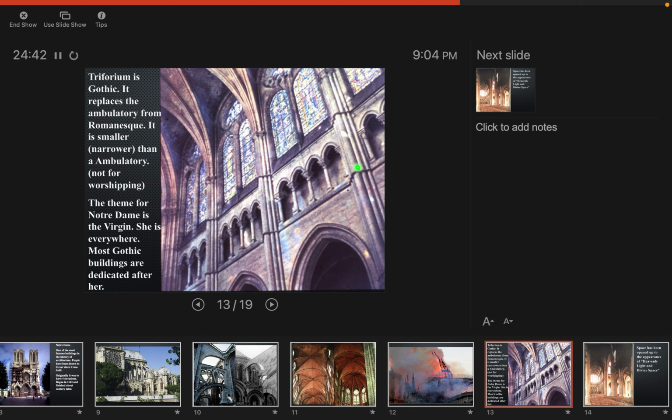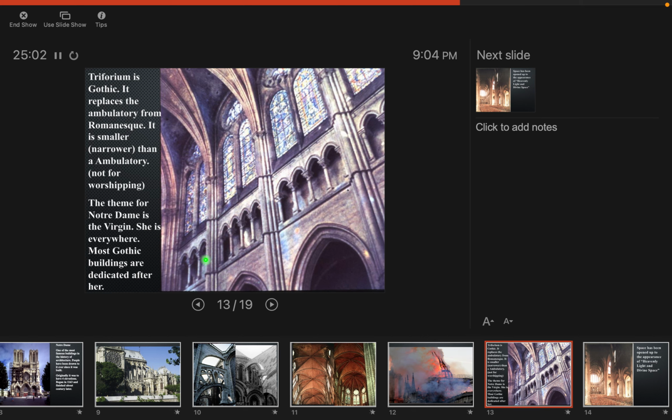It's a much smaller or narrower area, maybe even used as a passageway or a hallway. But this was no place for people to congregate. So no longer ambulatory, triforum.